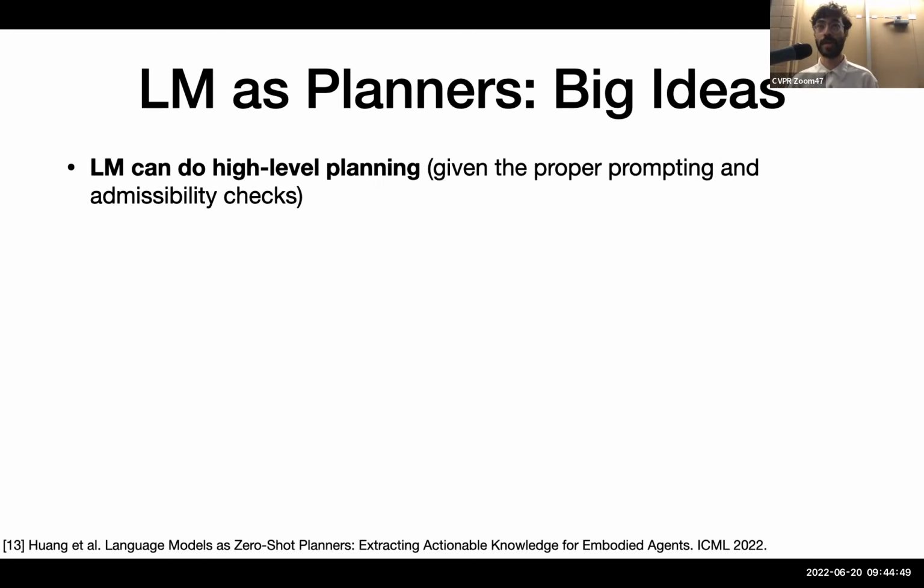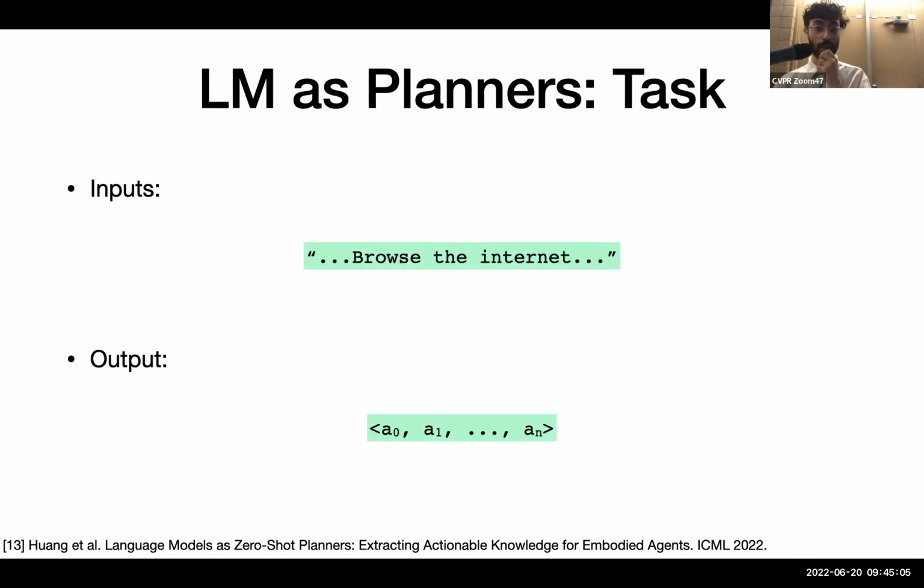And what do I mean by a high level plan? Maybe to get to New Orleans, you would make a high level plan: you would buy tickets, you'd jump on a plane, et cetera. So it's exploring that direction. As input, we're going to give a very high level task, such as browse the internet.